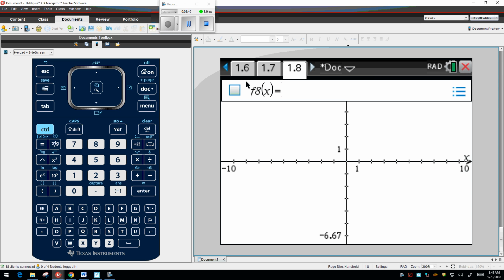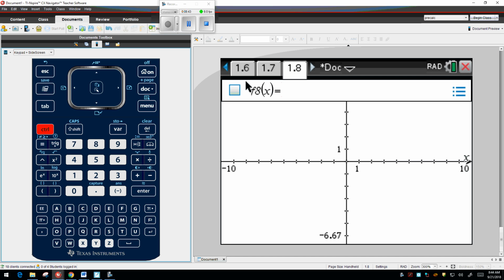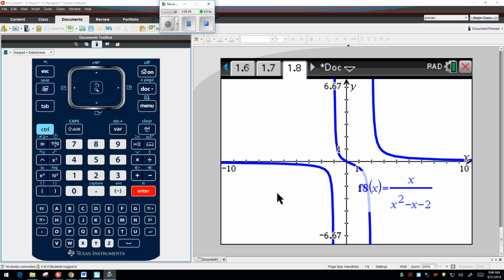And we can see on that one, we have a horizontal asymptote that looks like it's at y equals 0.